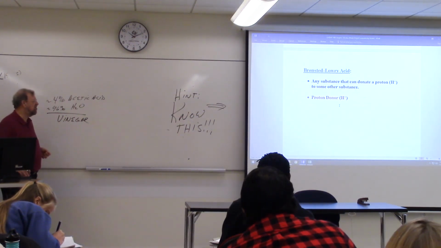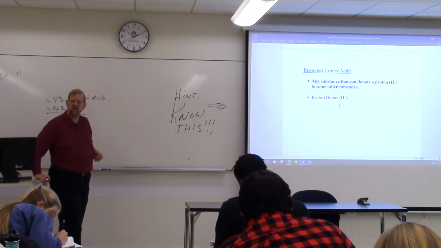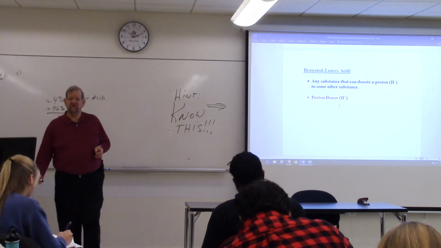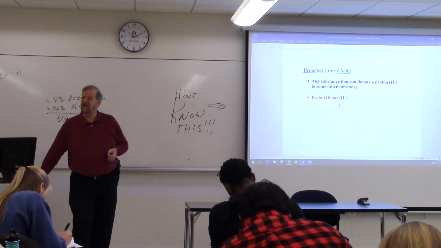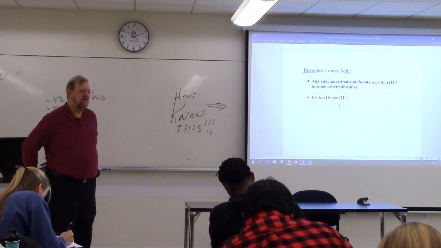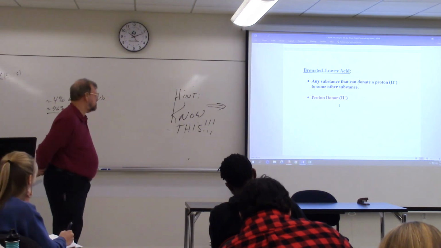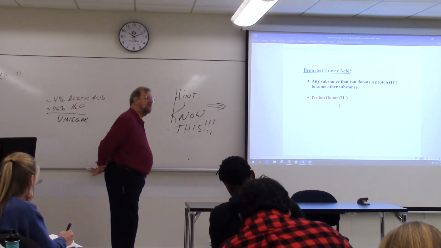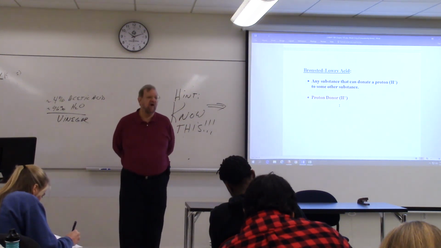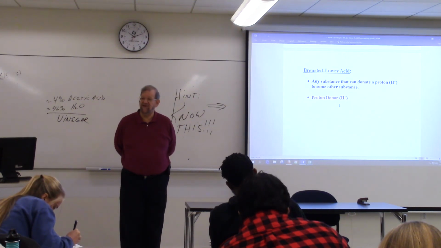And a Bronsted-Lowry acid is any substance that can donate a proton. If I have a proton, which is abbreviated by H+, and I say, here, take my proton, I'm an acid, proton donor, H+. And all the beauty of the Bronsted-Lowry theory of acid bases, all the Arrhenius acids are also Bronsted-Lowry acids.